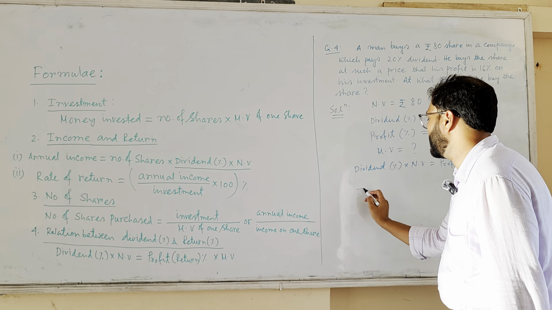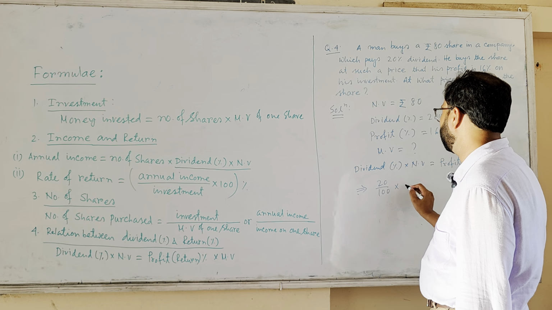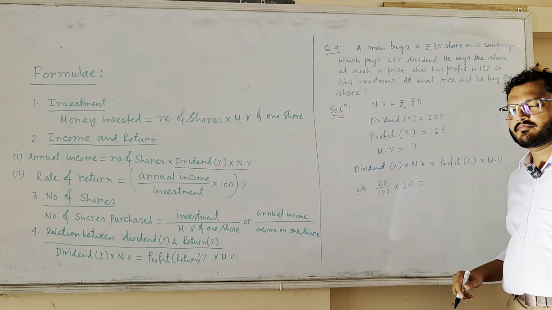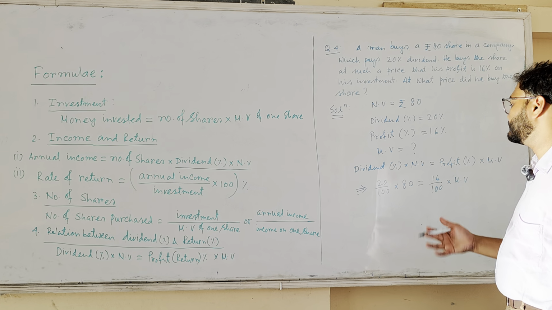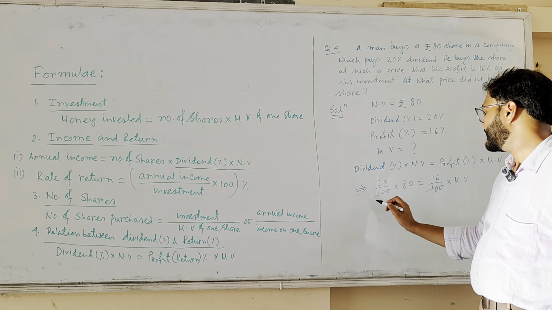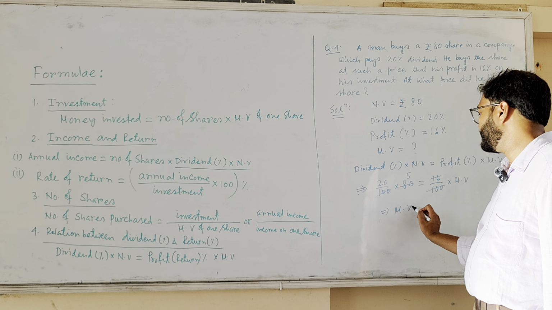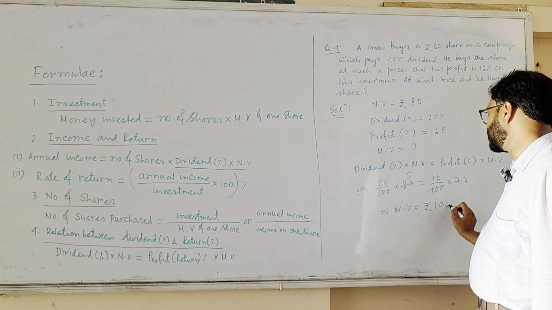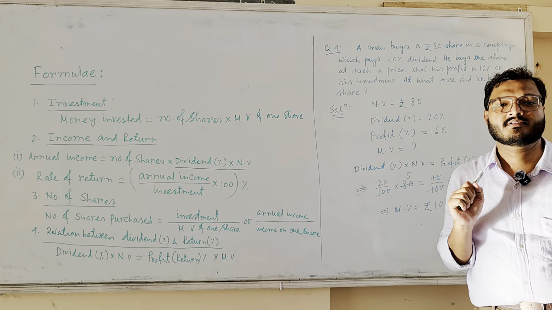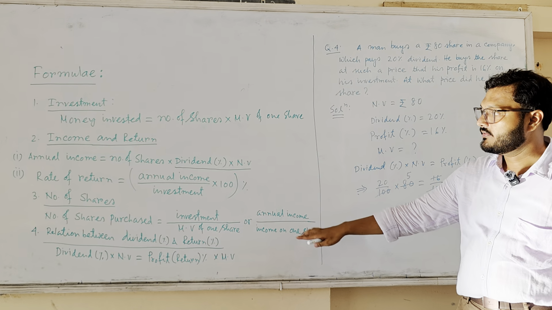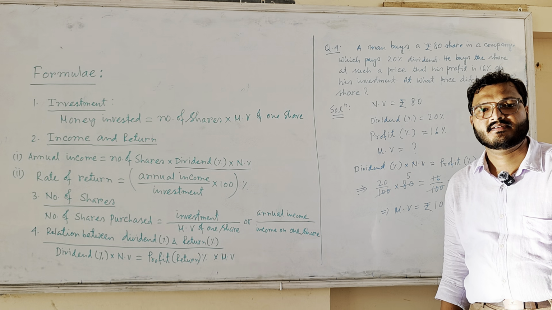Dividend percentage is 20%, so 20 by 100, nominal value is 80, equals profit percentage, which I know, 16 by 100 into market value. So these 100 cancel. So market value is rupees 100. So very easy. First write which are known to us and which I have to find, then I will look for the right formula.